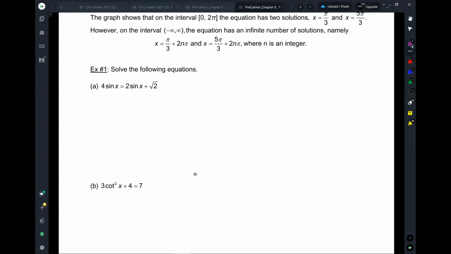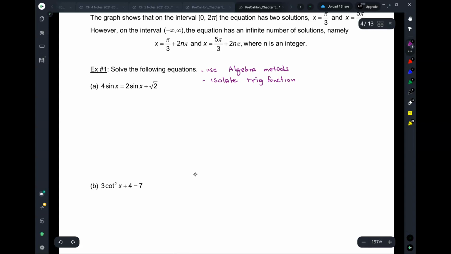To solve the following equations, you have to use algebra methods. What you want to do is isolate the trig function. So here I have 4 sine x equals 2 sine x plus root 2.